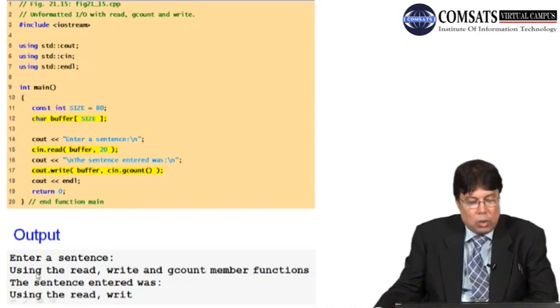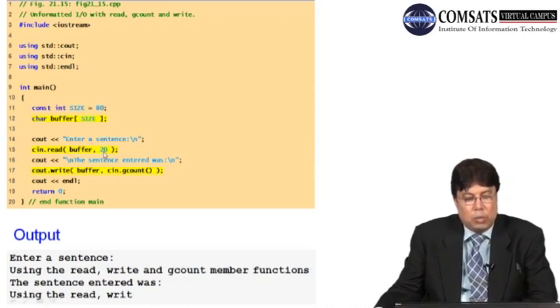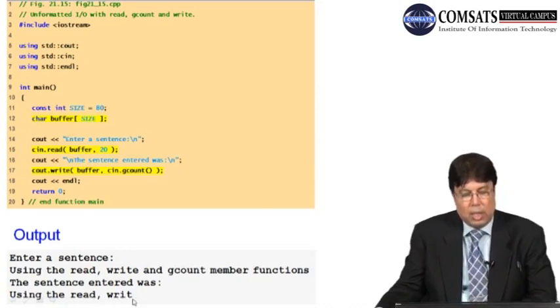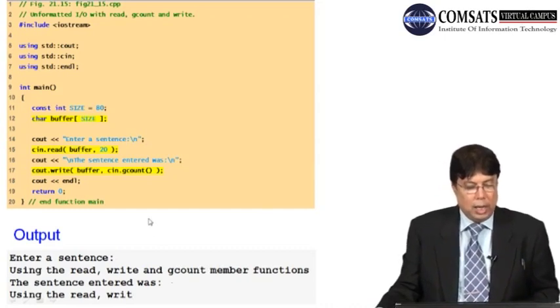Enter a sentence using the read, write, and gcount member functions. The sentence entered was this one. You have entered this sentence, and you keep on typing, but since you have limited it here to 20, it is 1 2 3 4 5 6 7 8 9 10 11 12 13 14 15 16 17 18 19 20.